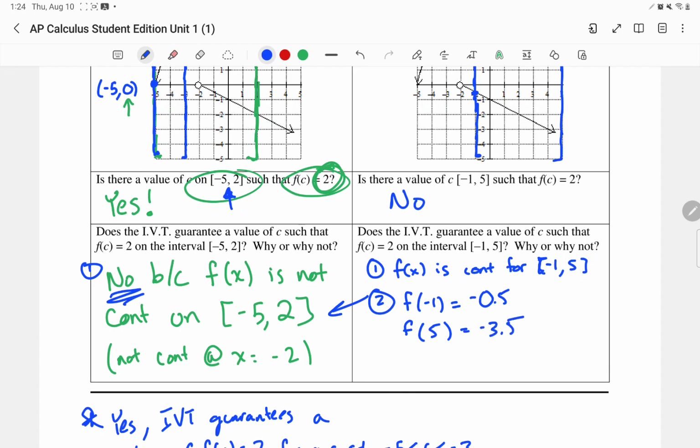Well, the problem is that 2 is not in between those values. So 2 is not between f of -1 and f of 5. Therefore, IVT does not apply.